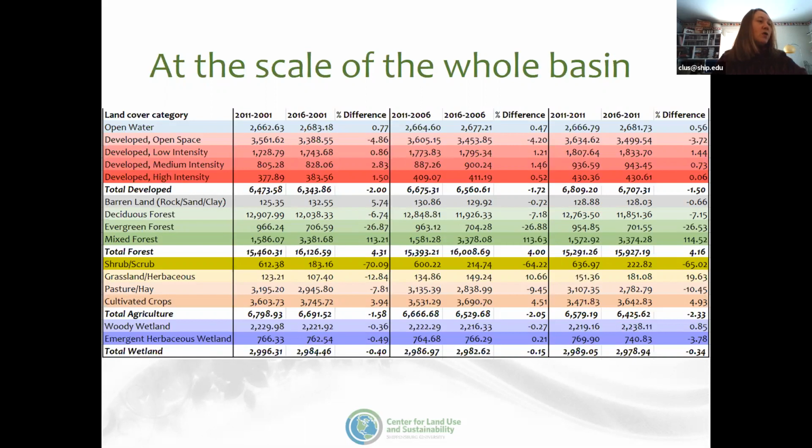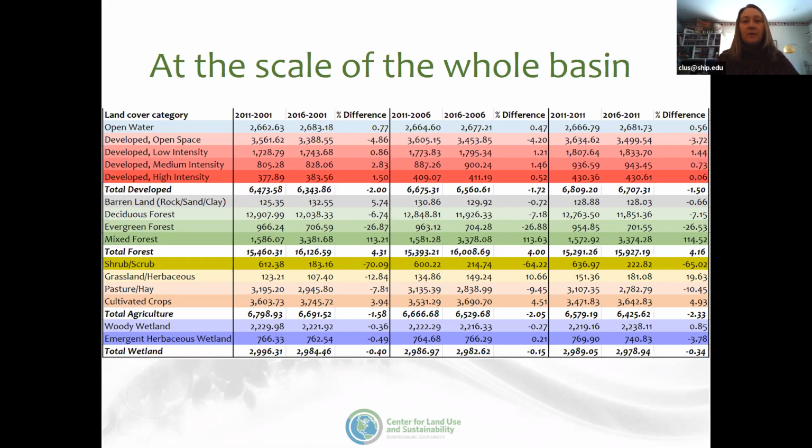It's important to note that these differences are largely due to differences in mapping methodologies between the two editions. All of the same imagery is used, so it's really just coming down to differences in how the mapping algorithms worked. So that's going to be something for messaging that we'll talk about in a little bit.